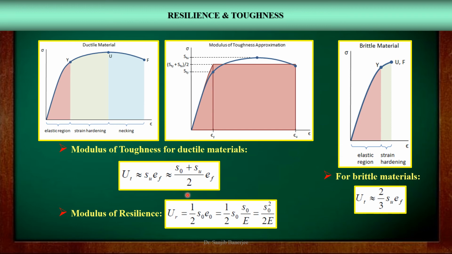So, for a ductile material, the modulus of toughness approximately becomes (S0 plus SU) by 2 into the fracture strain EF.